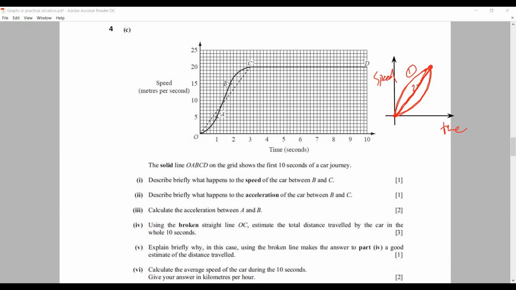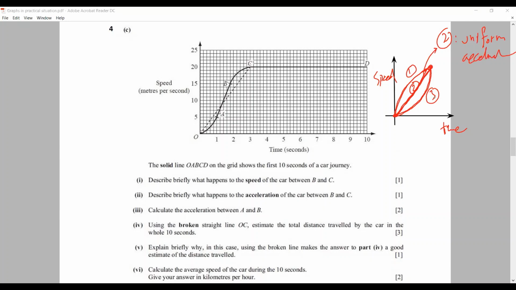Either way, in all these three paths, the speed is increasing. But the difference is the middle one, path number 2, where the speed is increasing at a constant rate. So for 2, we get a uniform or constant acceleration.